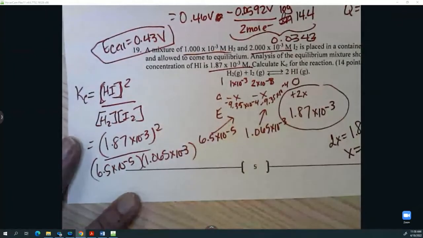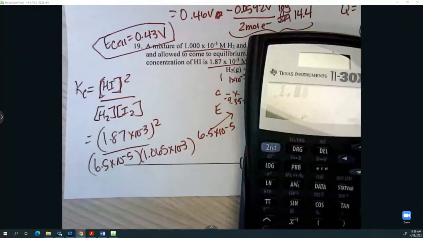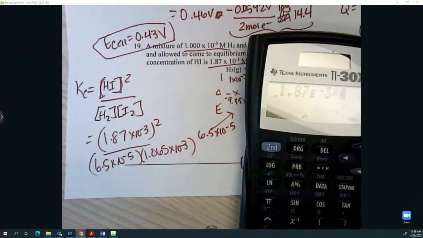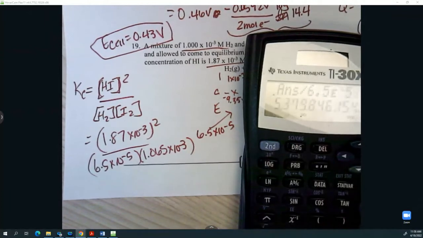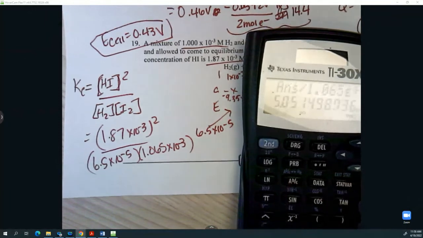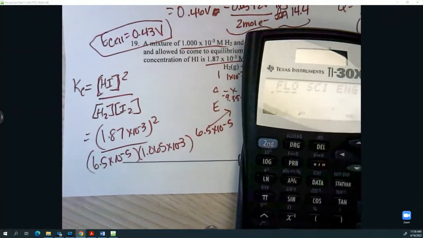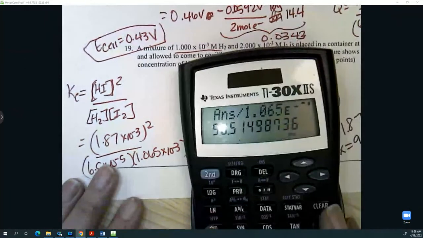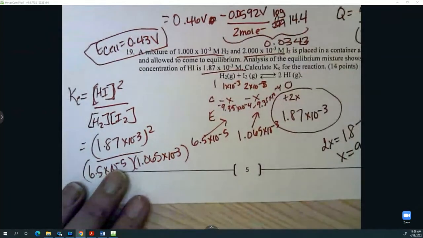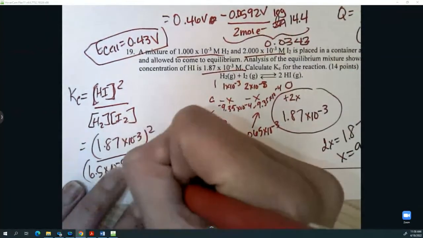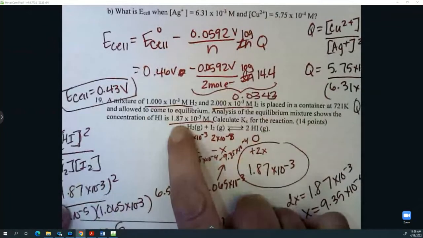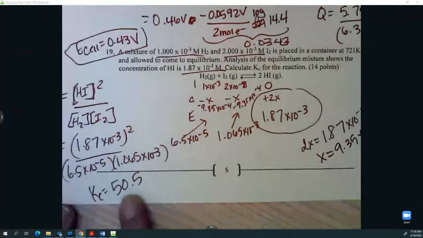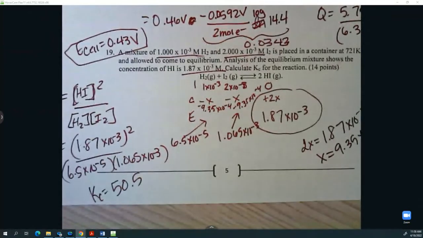Oh, and one of them is squared. Whoops. There we go. 1.87 times 10 to the minus 3 squared. All right, and I got 50.5. We're just checking my sig figs. This has 4, but this one only has 3. So I'll round it to 3, 50.5.